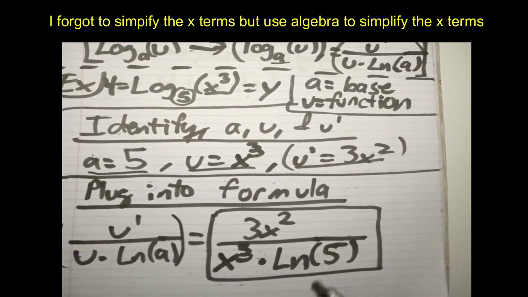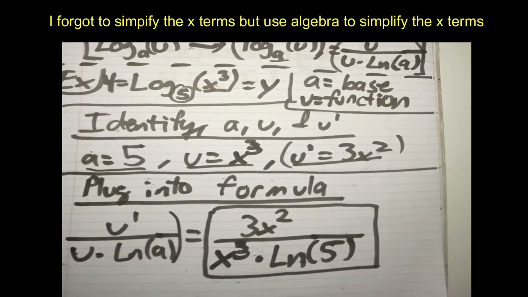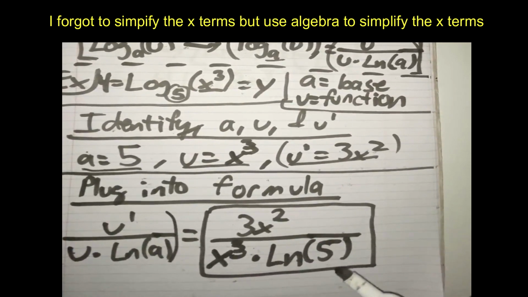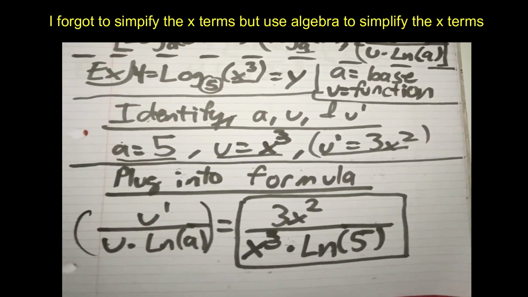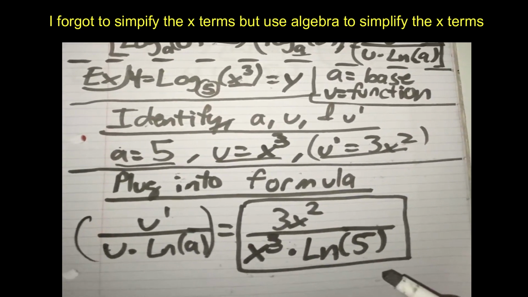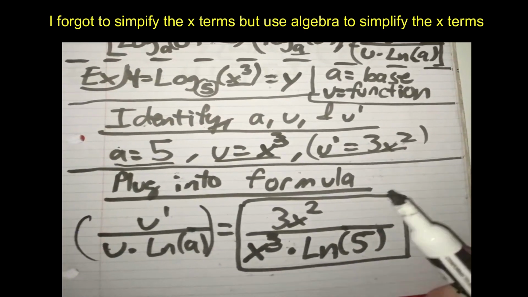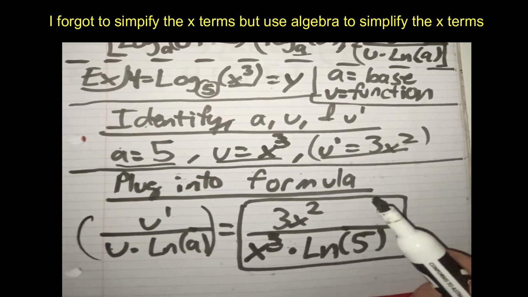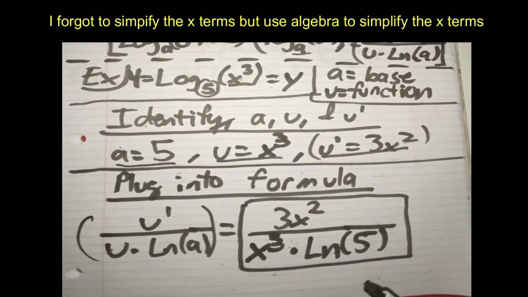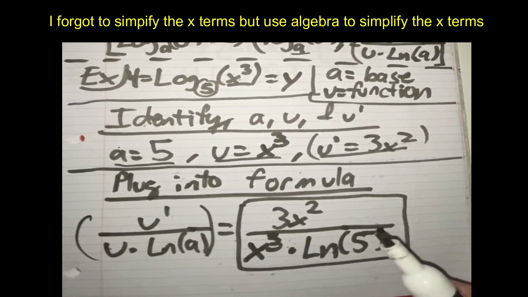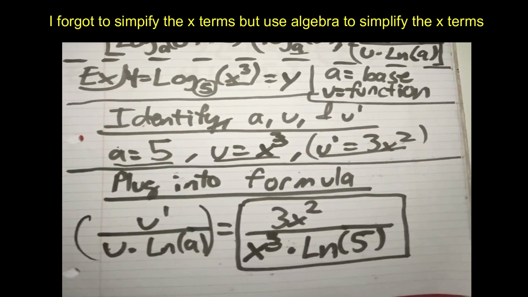So plug in u prime, plug in u, and plug in the natural log of 5. Most of calculus is just identifying variables and plugging them into a formula. So first recognize the function as a log base, then identify the variables a, u, and u prime, and then plug them into the formula to get this answer.